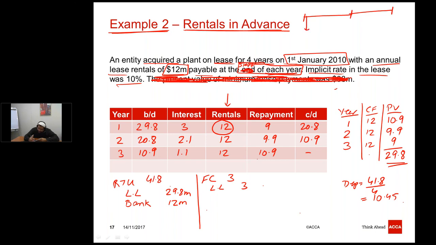The first rentals were of 12, which we have credited the bank. And these 12 millions are actually the rentals that we are going to pay at the start of the next year. So have we paid this, or we are going to pay this? If this 12 million, which I've written in year 1, is this paid or is it payable? What do you think?